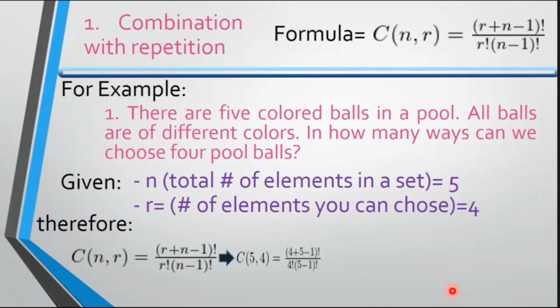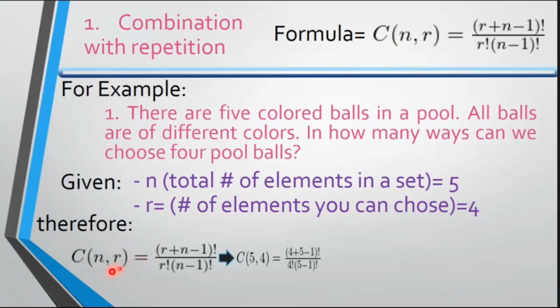Substitute again ta. So, from our formula C(n, r), the n here is 5, so C(5, and r is 4.